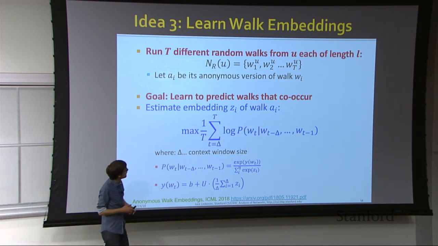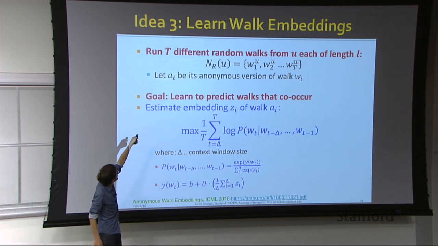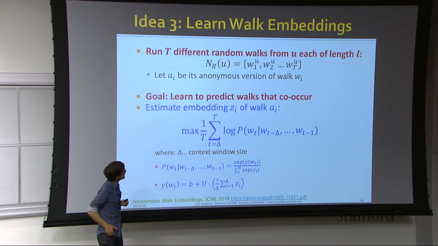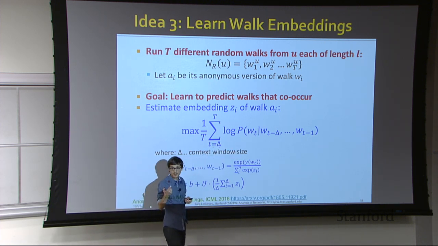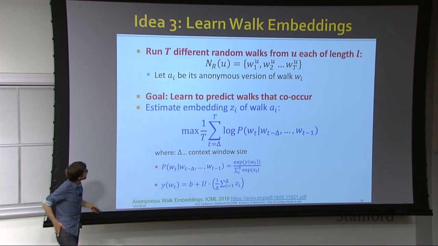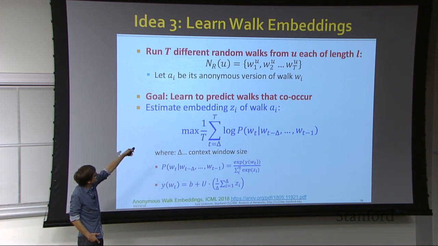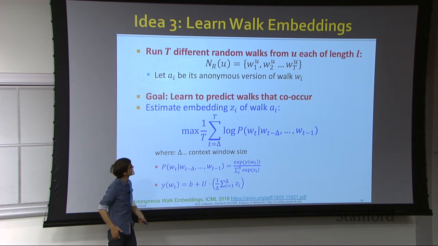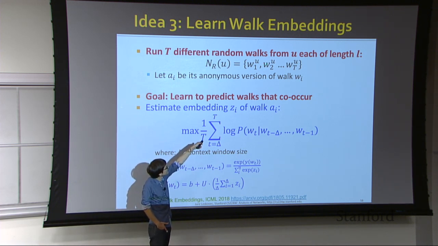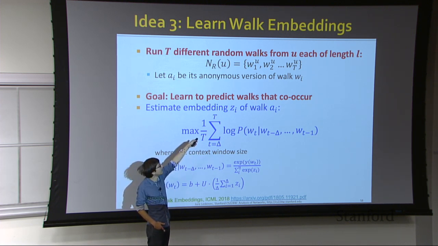Let me simulate capital T different random walks starting at node U, each of length L. In some sense I have this set N as before. Before, our set N was a set of neighbors, but now set N is a set of random walks, so each of these is an L-dimensional vector or a set of node IDs.